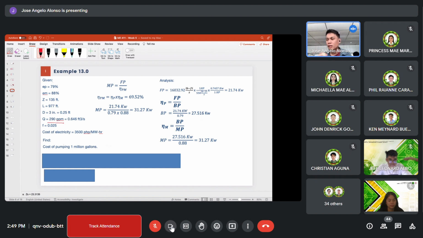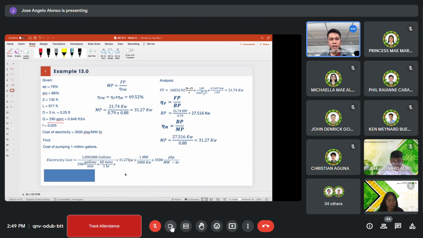Once we know how many minutes or hours the pump runs, we multiply that by the motor power we got, and at the same time multiply by the cost of electricity to get the total cost of pumping 1 million gallons when the cost of electricity is 3,500 pesos per megawatt hour.